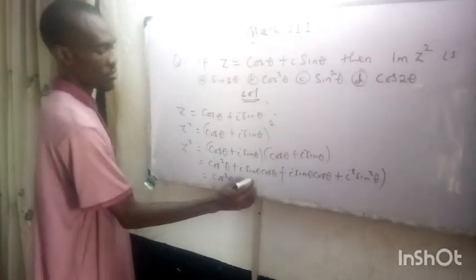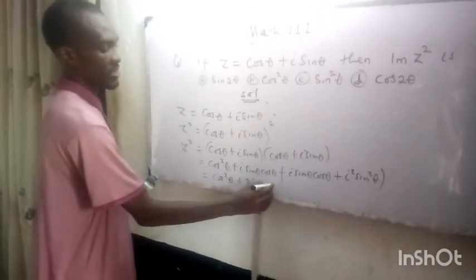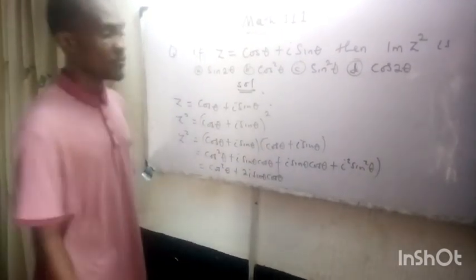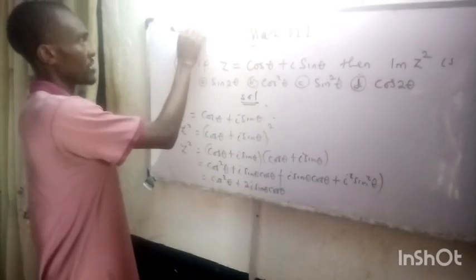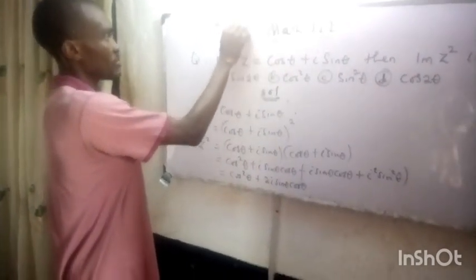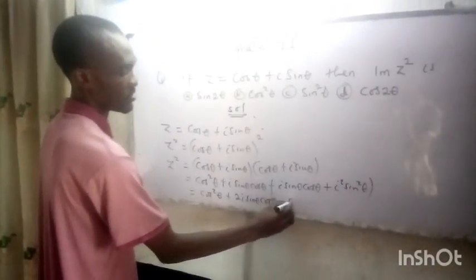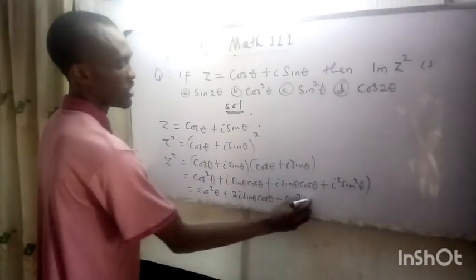This is 2i sin theta cos theta. And then don't forget that the fact remains that i square is minus 1. Very important. So this becomes minus sine square theta.